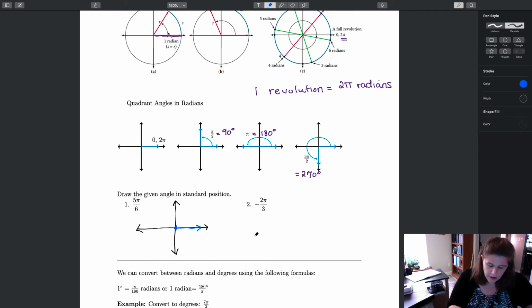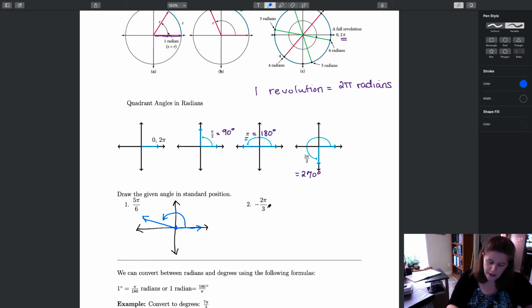So if I'm looking at this angle in our standard position, I know that I'm going to open counterclockwise, so we're going this way because it's a positive angle. 5 over 6, or 5/6, is less than 1. Now, if we're talking about 1 in terms of pi, we have 180 degrees. So 5 pi over 6 would not make it quite that far, and I'm going to pencil in the angle right around here, 5 pi over 6.